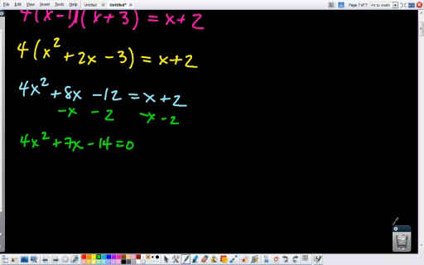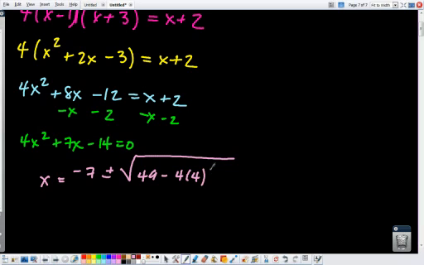I think I'm going to have to use the quadratic formula here. So I'm going to say x equals -7 plus or minus the square root of b squared, so that's 7 squared, which is 49, minus 4 times a times c, all divided by 2 times 4, which is 8.